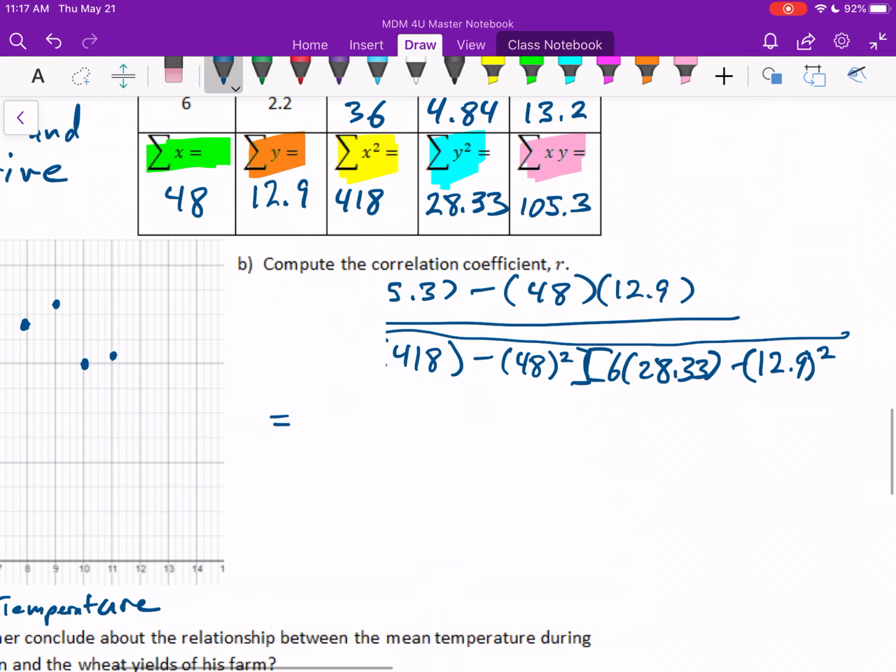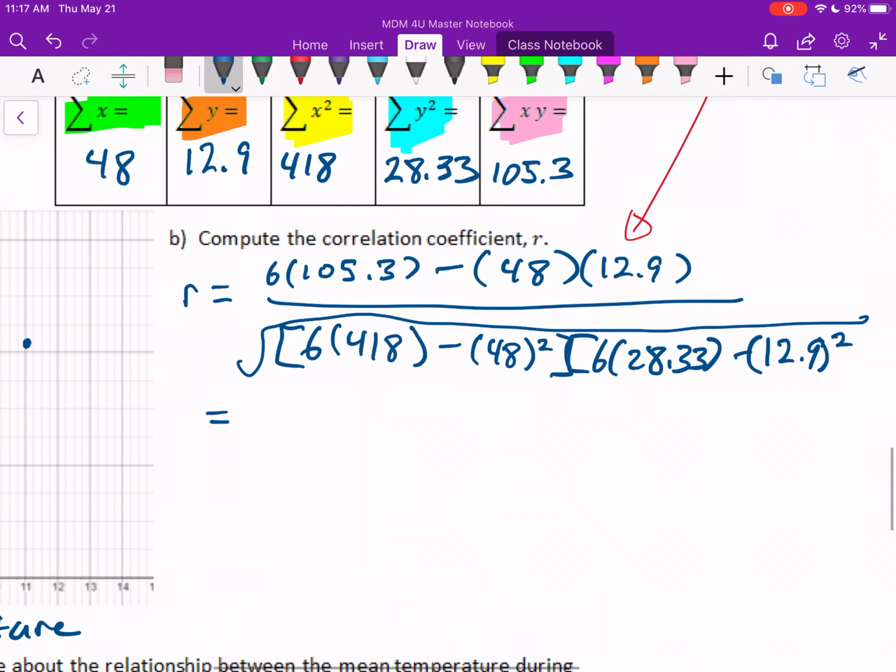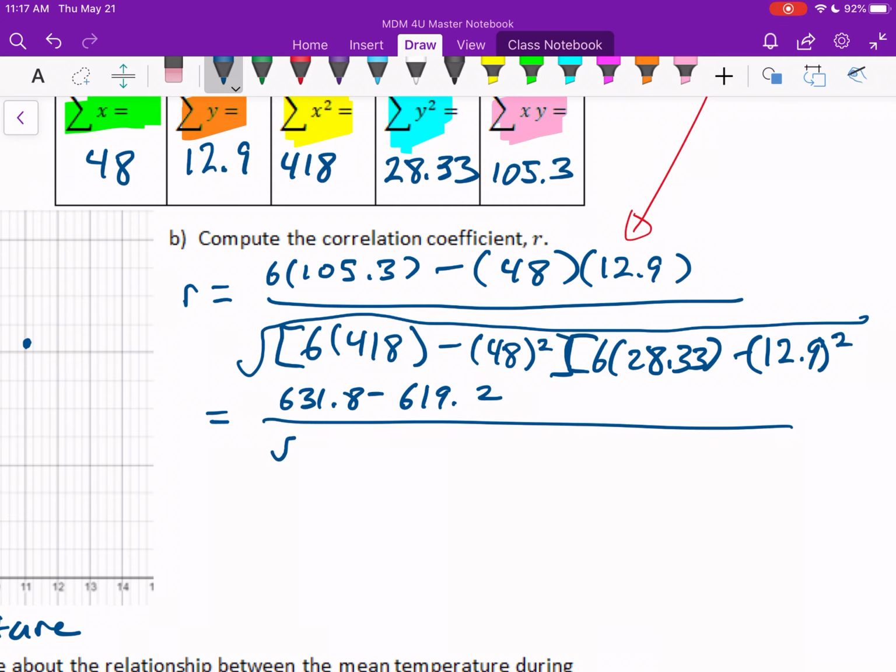Now that I've got them written out, I can zoom in a bit. Simplifying a bit, I get 631.8 minus 619.2 over the square root of 2508 minus 2304.